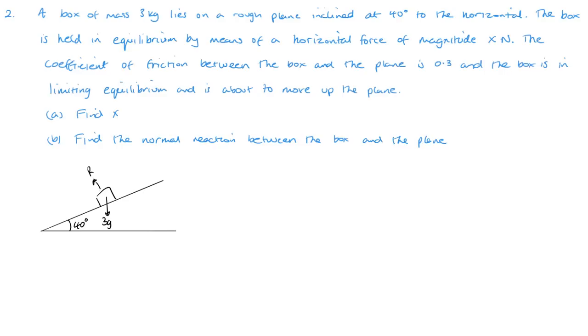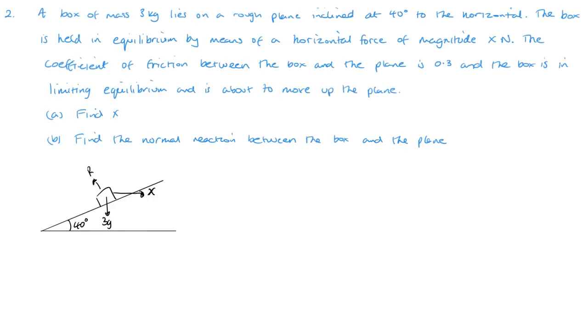The box is held in equilibrium by means of a horizontal force of magnitude X. So that's going to be pointing into the slope. So I will put it this side of the slope and call it X there.